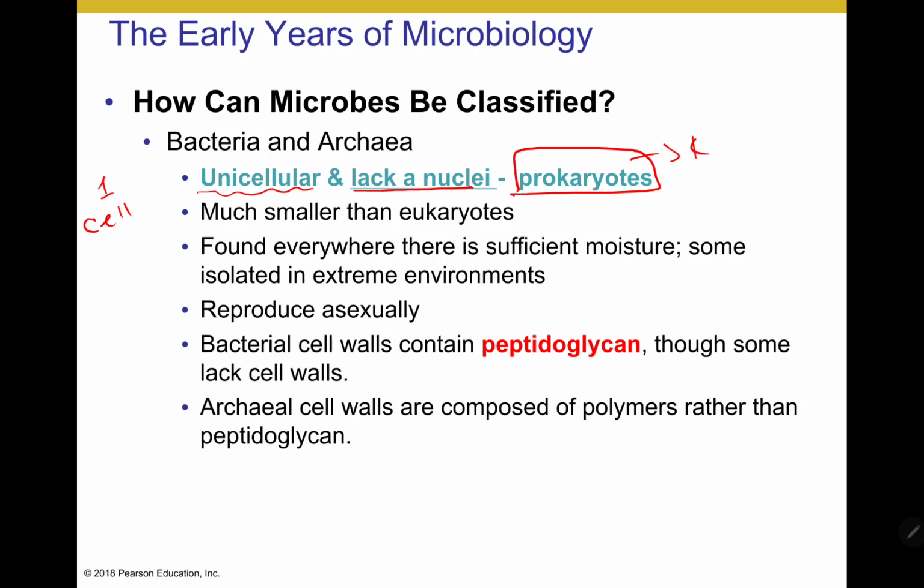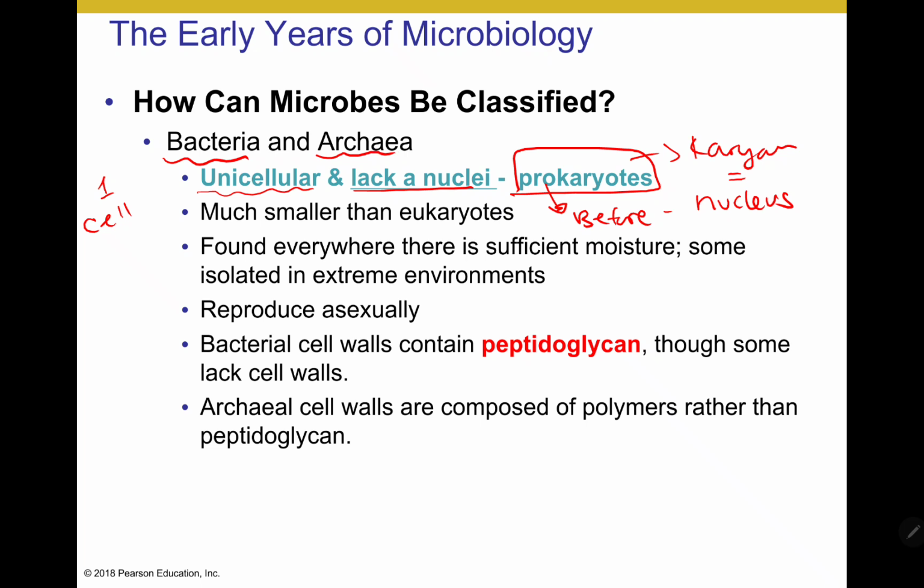Karyote comes from the word karyon, which means nucleus. Pro means before, so these organisms came before a nucleus. That's why they lack a nucleus. So prokaryotes, again bacteria and archaea, lack a nucleus, okay?